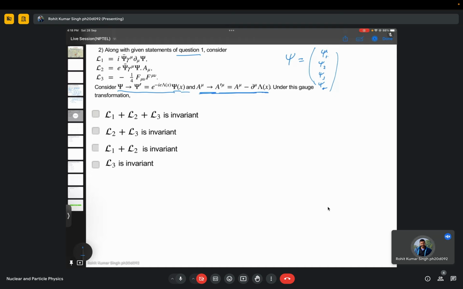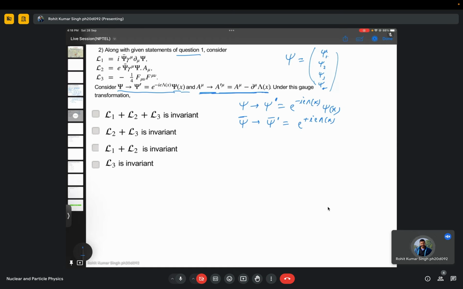But we don't need to know the solution here. We have just been given a gauge transformation of this wave function like this. Okay. So if psi transforms like this, then the Hermitian conjugate will transform like this, right?